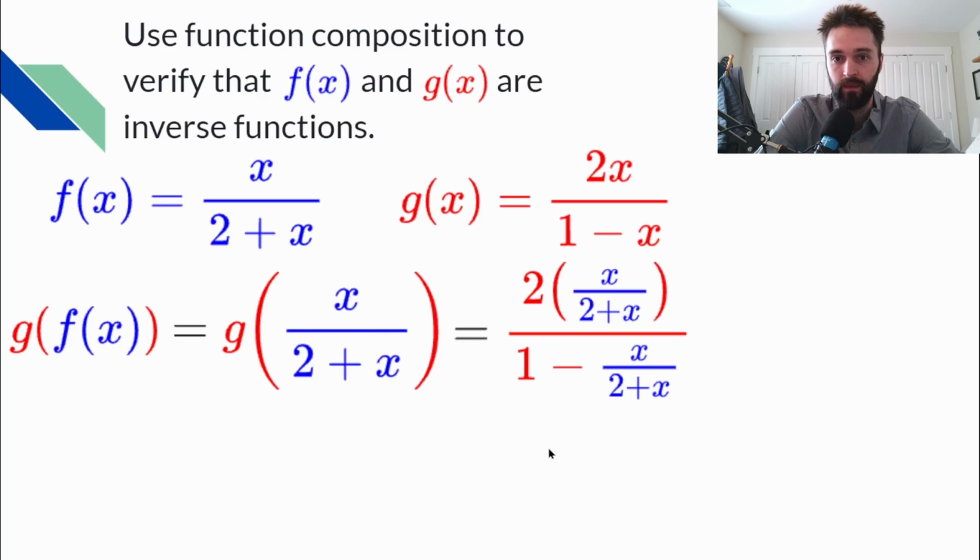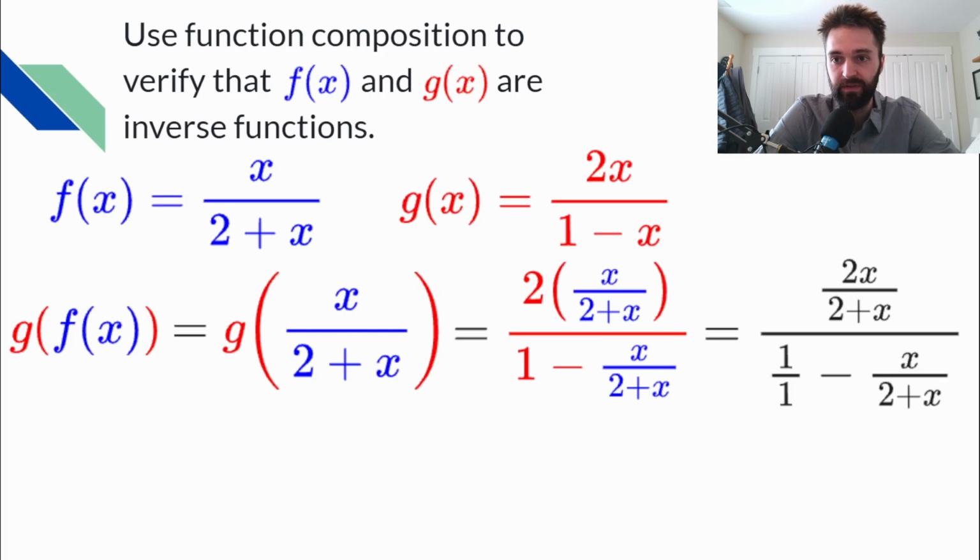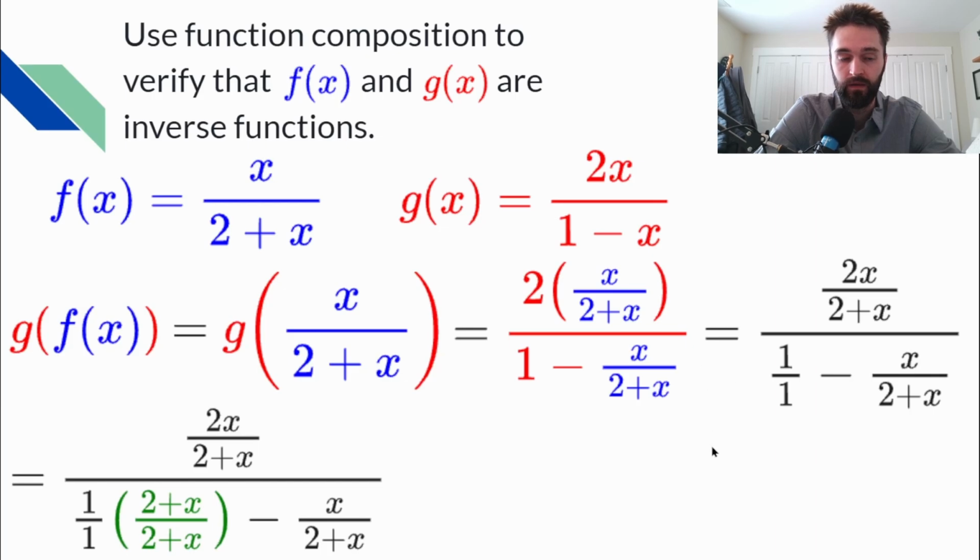Okay? To simplify this, the first thing I want to do is just rewrite this 1 as 1 over 1. Okay? And once again, we can see that in this denominator, we need to get a common denominator among these two fractions that make it up. So we'll multiply 1 over 1 by 2 plus x over 2 plus x.